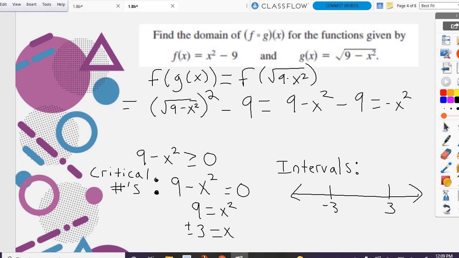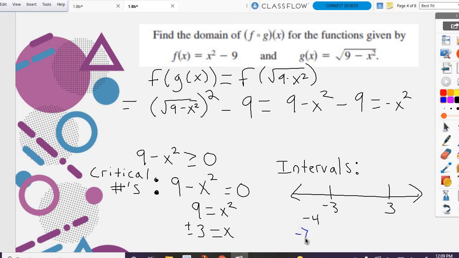So what's something that is going to be in our first interval? -4. Now, if I plug in a -4, what do we get? -4 squared gives us 16. 9 minus 16 gives us... No, so what is it? 9 minus 16 gives us -7.